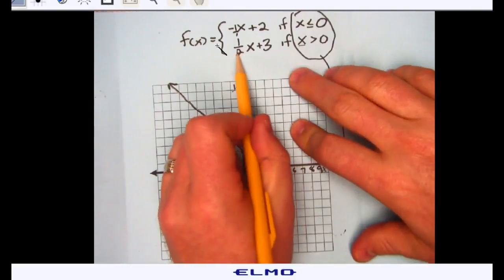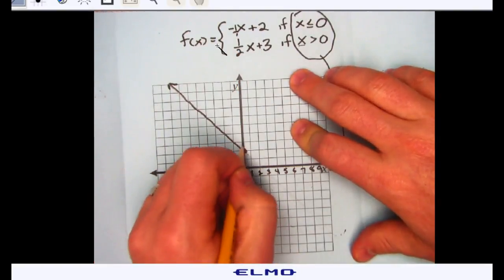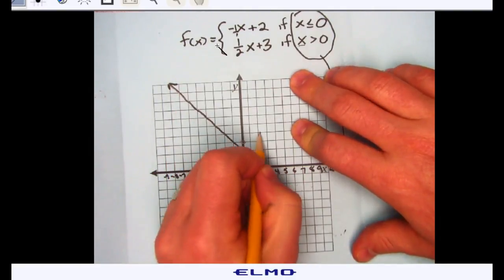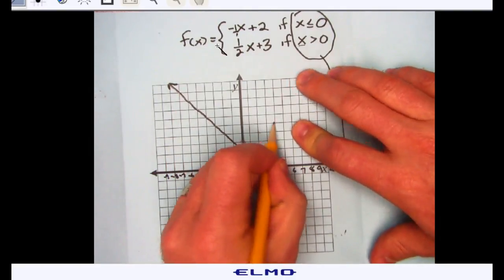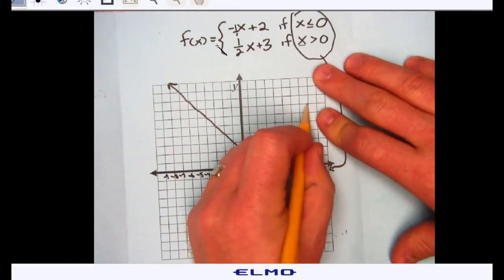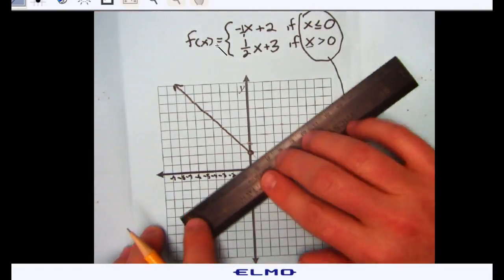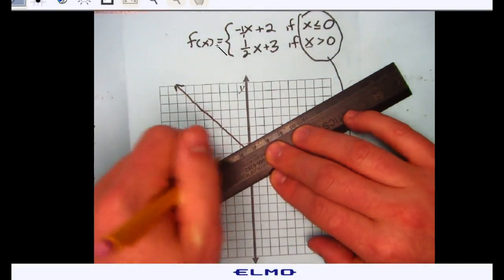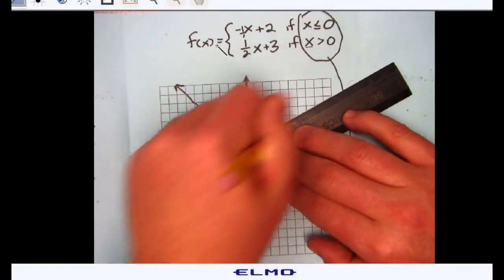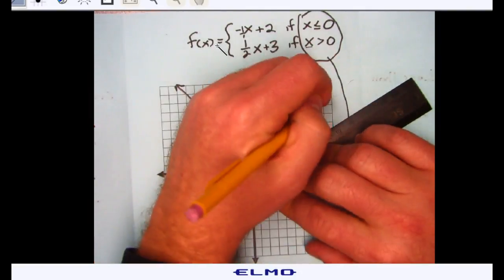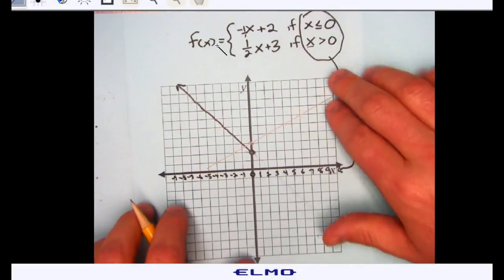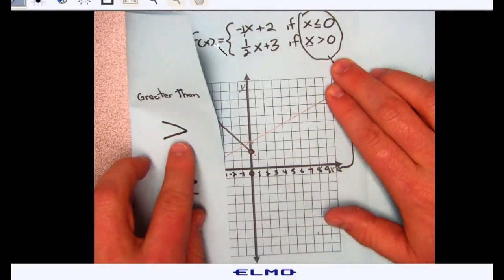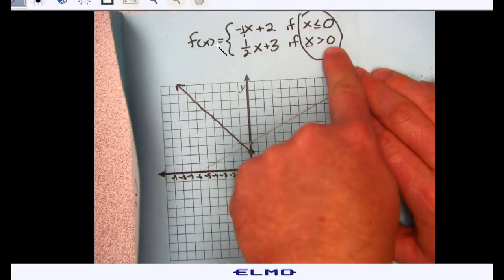Okay, so we're going to start at 3, and we're going to go up 1 over 2. Up 1 over 2, do that a few times. And likewise, this is greater than, so I'm going to use the other side, the greater than side, and fold that over to 0.